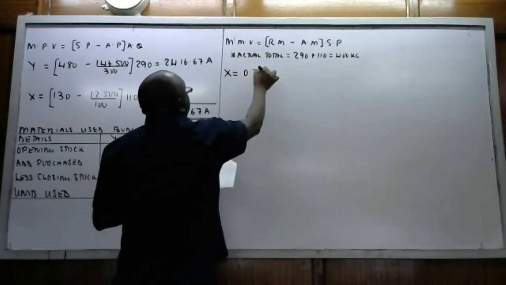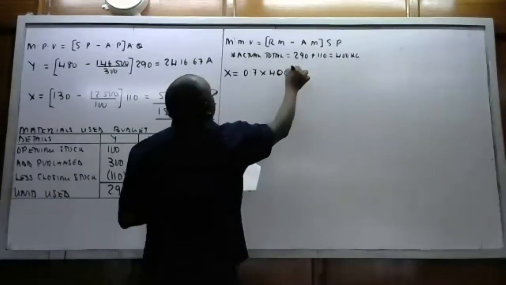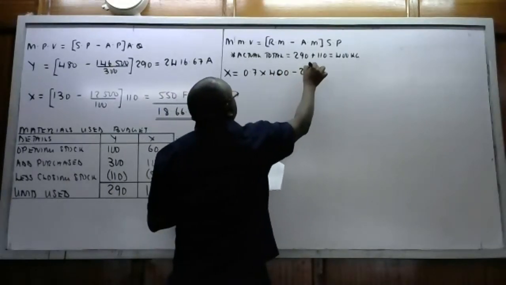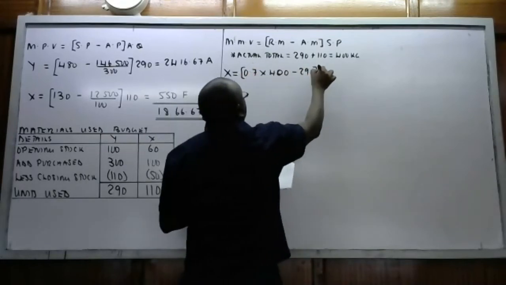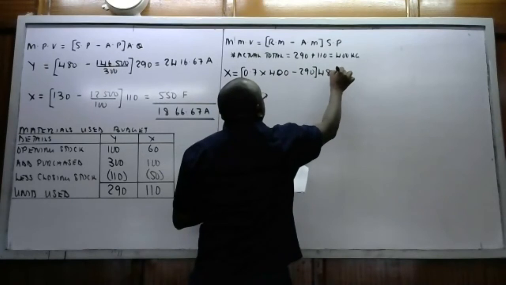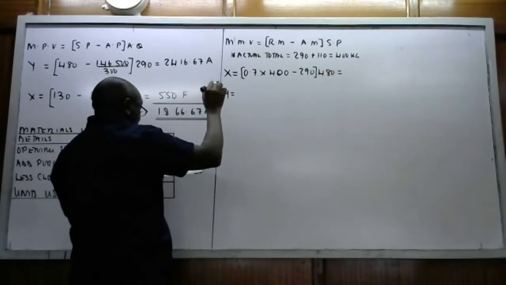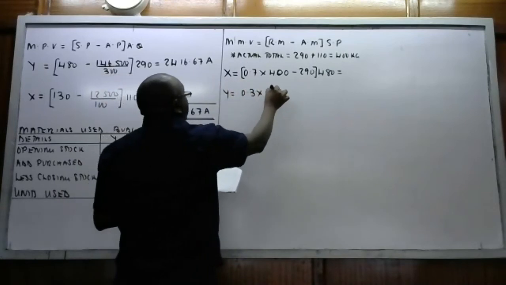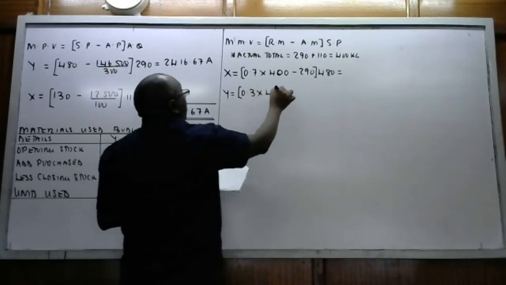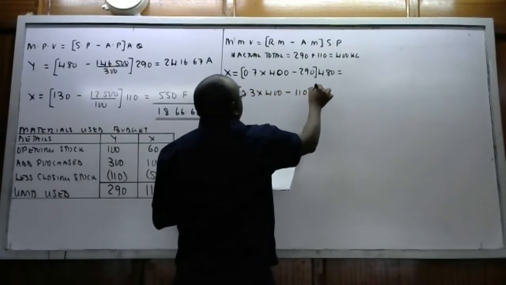So 0.7 of 400 minus 290. You multiply by the standard price of 480. For Y, according to the mix, it should have brought 30% of the 400, minus 110. The standard price is 130.